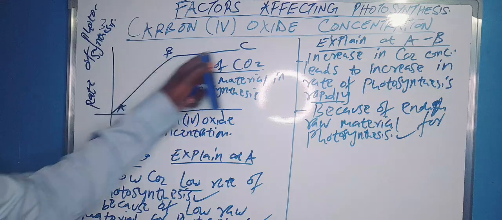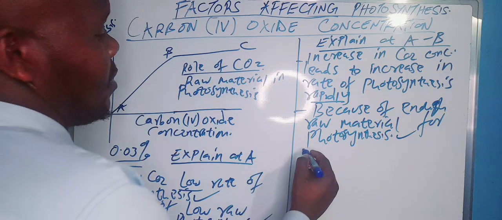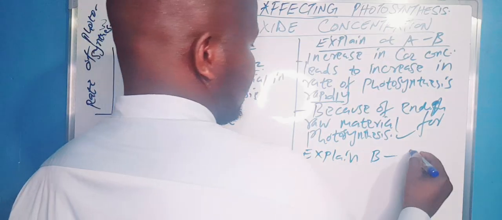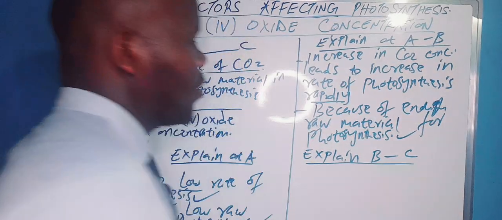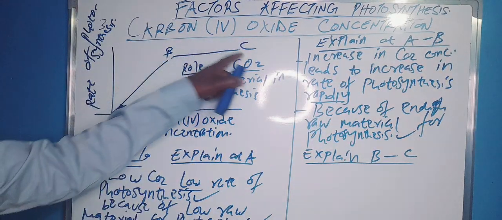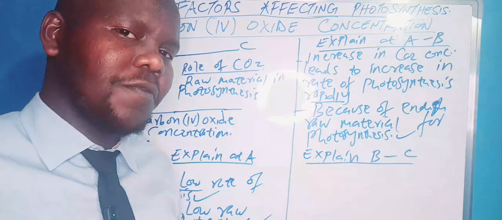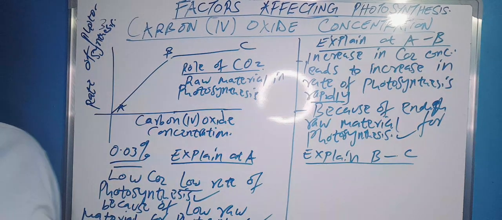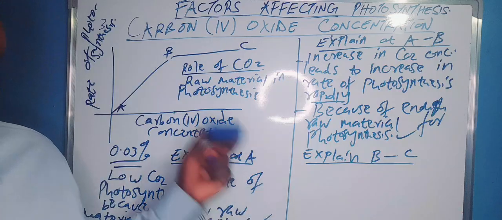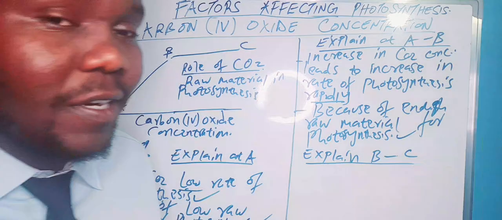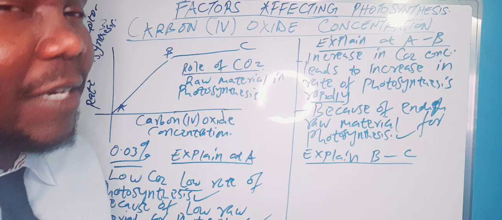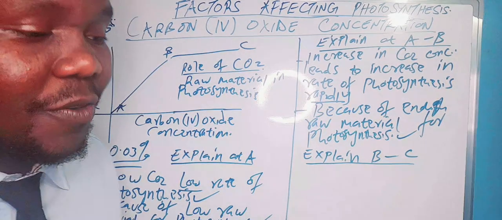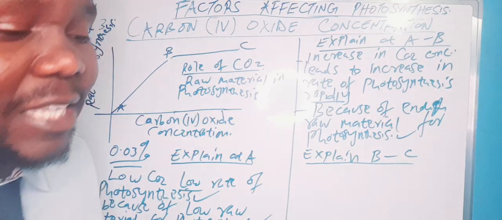Then now the last one is B and C. What's happening at B and C? It's just the opposite of what we said yesterday in the lighting. It's the same with just a change. For the light intensity, we said limiting factors. The same way it is about the effect of limiting factors, but now the limiting factor here will change, because yesterday when it was light, there was carbon dioxide. But today it's carbon dioxide, so the other factor you replace with light intensity.